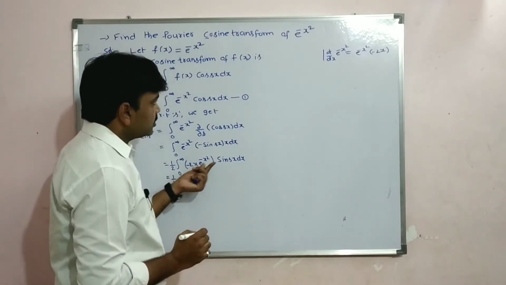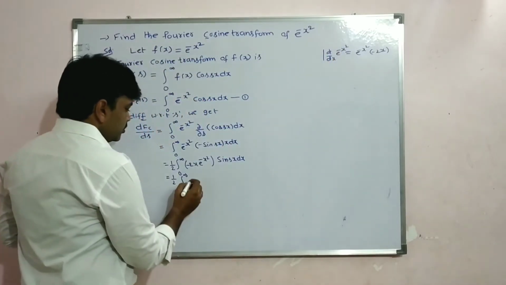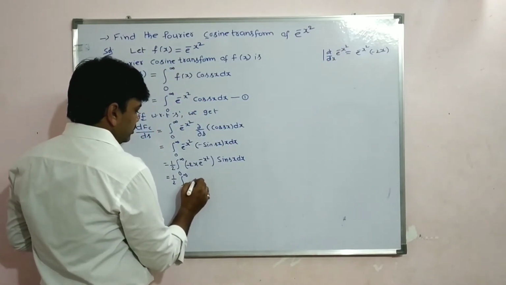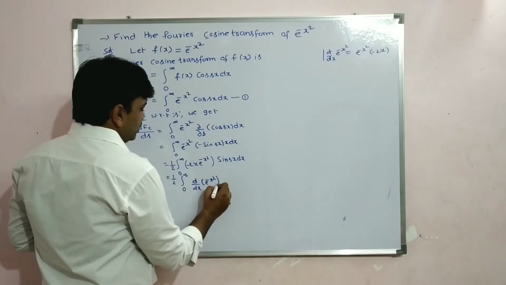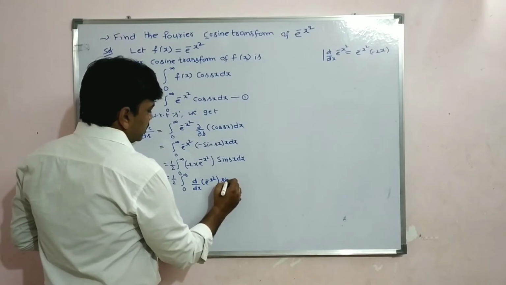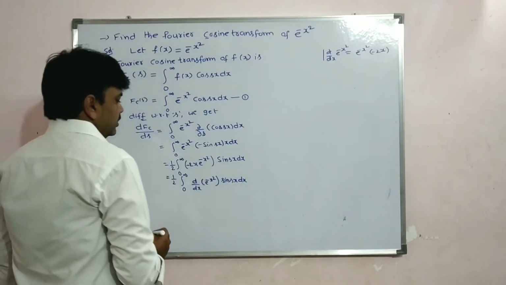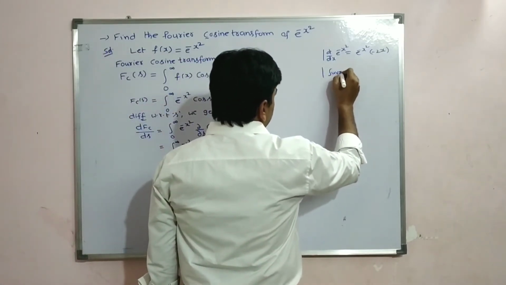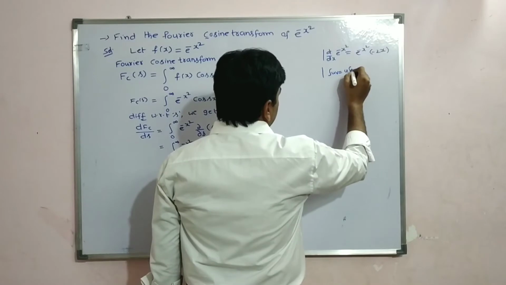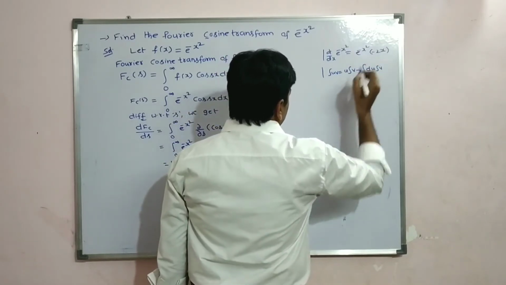of d by dx of e power minus x square into sin sx dx. Now integration by parts, students. What is the formula? Integral of uv is u times the integral of v minus the integral of the derivative of u times the integral of v.